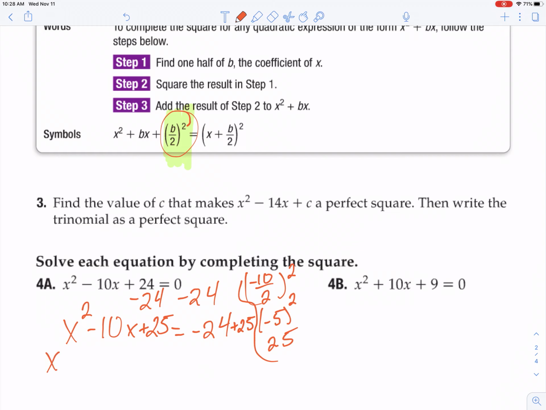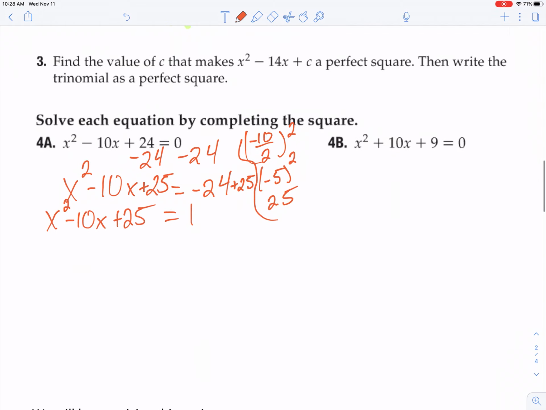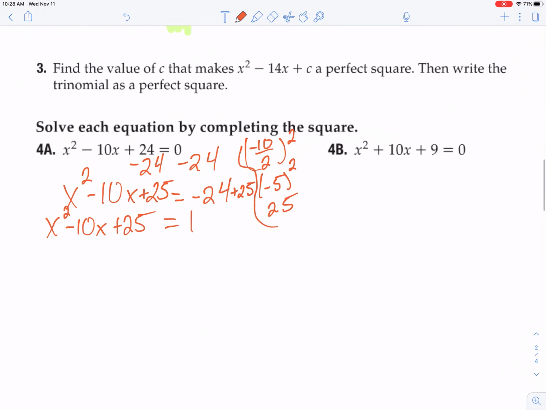So now you have x squared minus 10x plus 25 equaling 1. Now you have a perfect square trinomial because the square root of 25 is 5. It needs to be a negative 5 so that negative 5 plus negative 5 will add to negative 10.